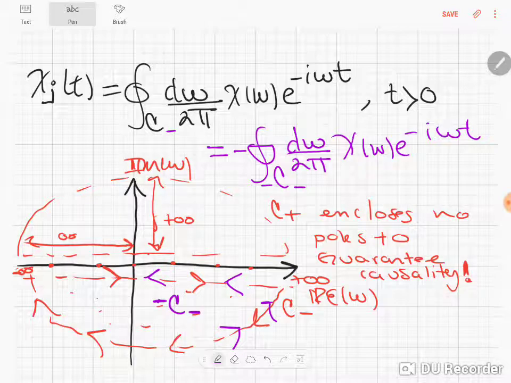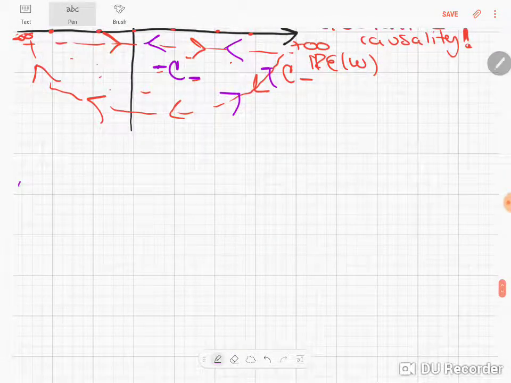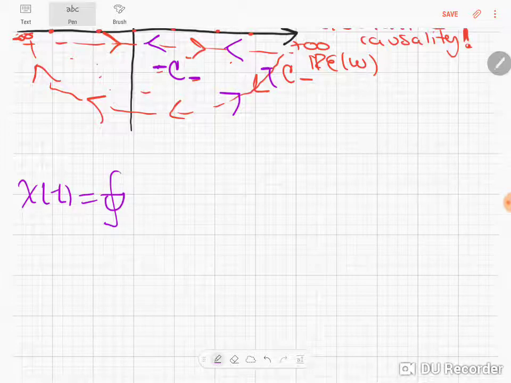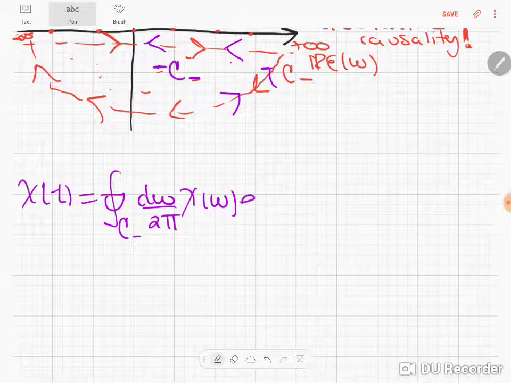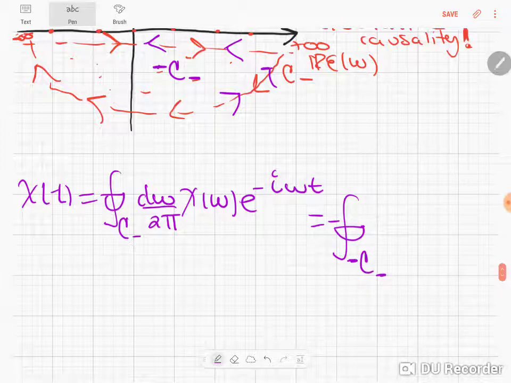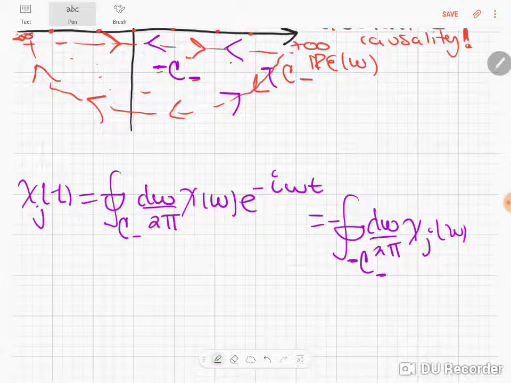Then let's write this again. So chi of t is equal to the integral over that semicircle C minus, d omega divided by 2 pi, chi of omega e to the minus i omega t, and this is nothing but minus the integral over this semicircle, but in the opposite direction, d omega divided by 2 pi, chi sub j, sorry, I'm talking about chi sub j here, of omega e to the minus i omega t.